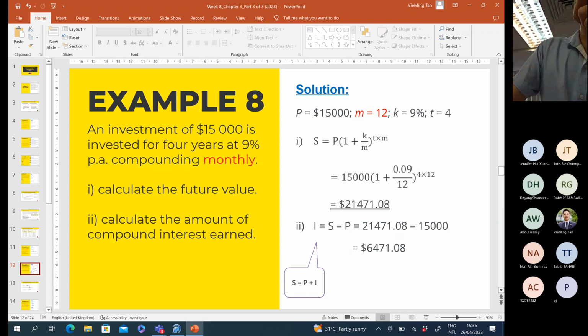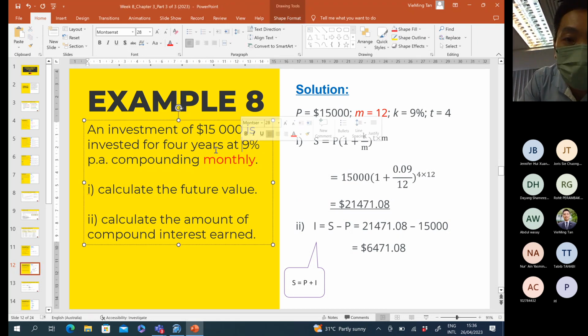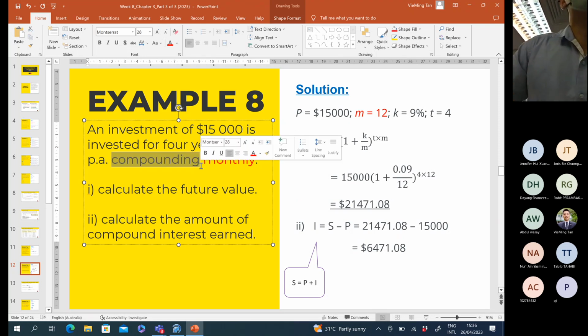Okay, 9% compound monthly. So this is the keyword. 9%, we know that is the interest rate. But what type of interest rate? Compound is the keyword. So this is the compound interest rate. So we use K, no longer using R. We use K to represent compound interest rate, because of this word, compound.